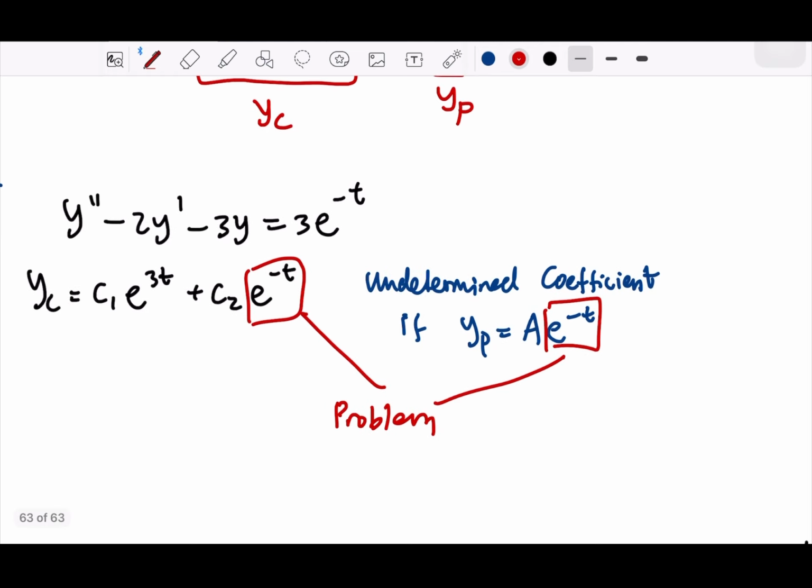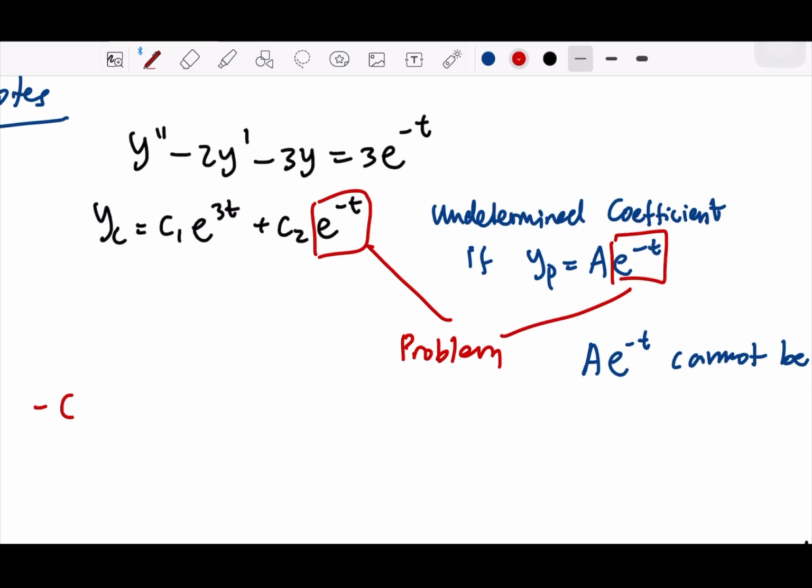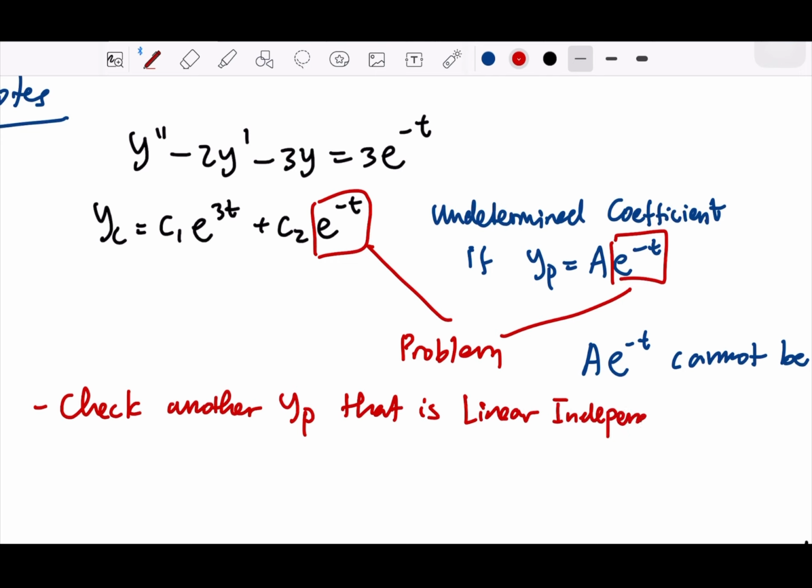So a e with power negative t cannot be yp. We need to check another yp that is linearly independent. And of course, I believe we already discussed in the previous session that when we add t in the front, that should solve the case.